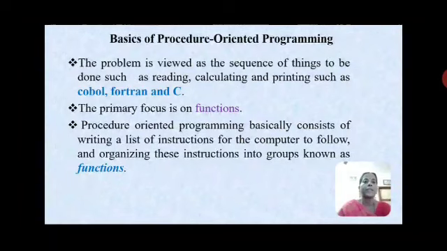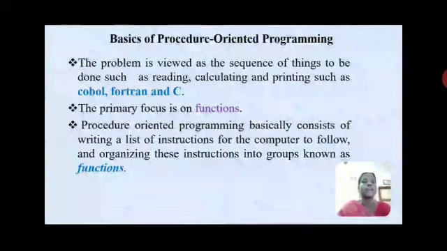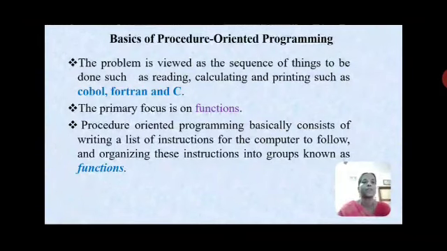Procedure-oriented programming basically consists of writing a list of instructions for the computer to follow and organizing these instructions into groups called functions. So basically it contains many functions. We need to think about the variables.